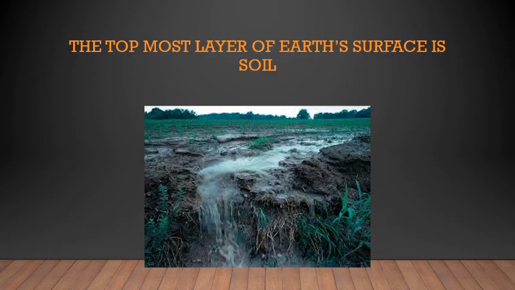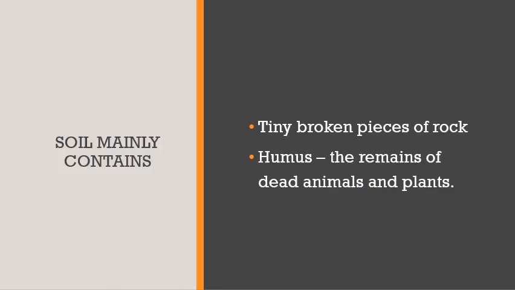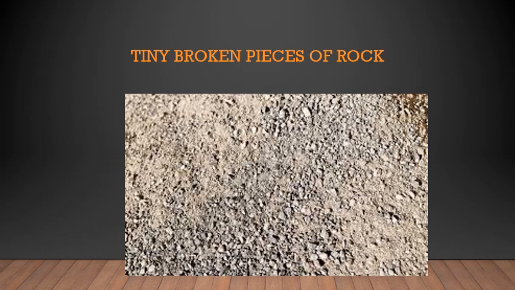Soil is made up of many things, but it mainly contains two things. That is tiny broken pieces of rocks and humus. Humus, the remains of dead animals and plants. Here you can see the tiny broken pieces of rocks.